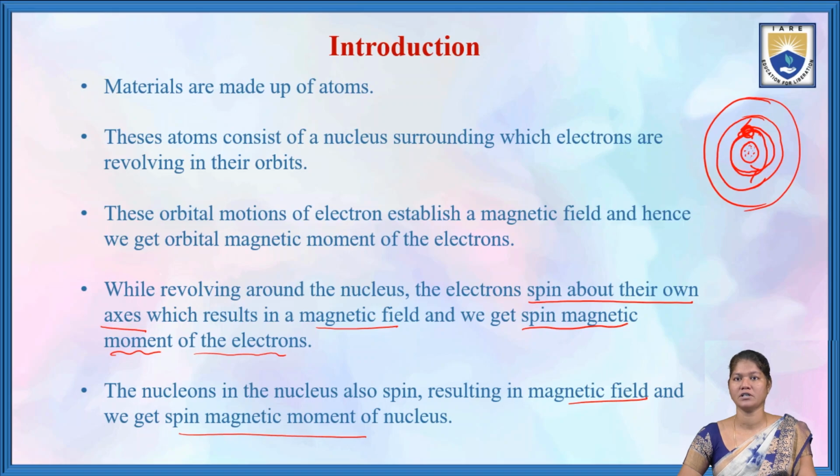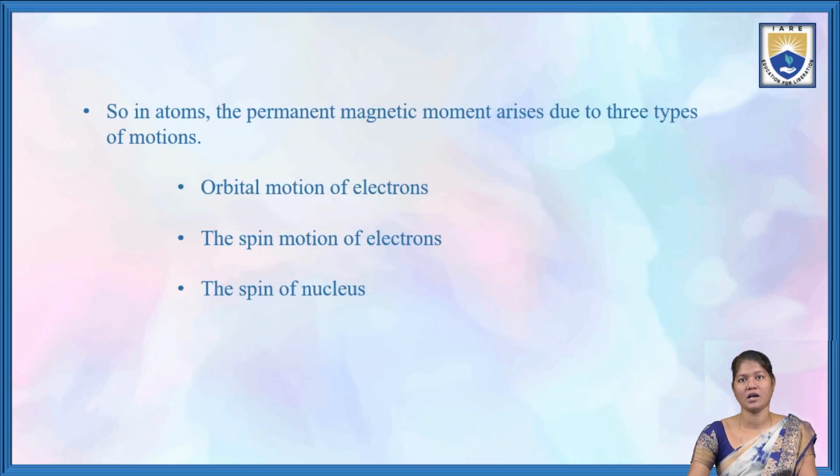Then the nucleons in the nucleus also spin, giving a magnetic field, and that is called the spin magnetic moment of the nucleus.